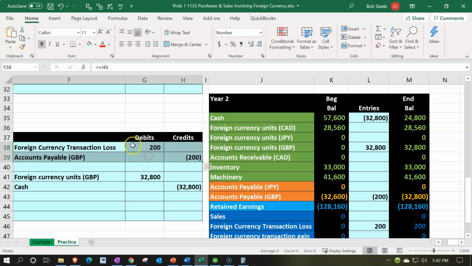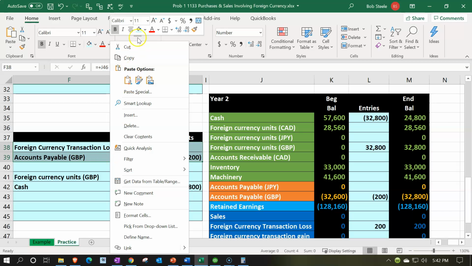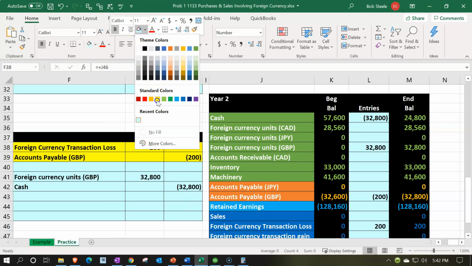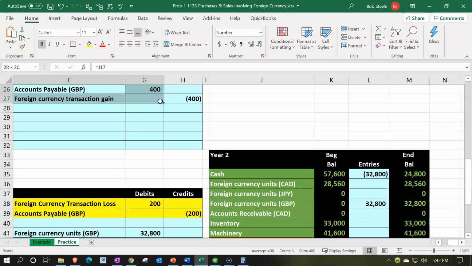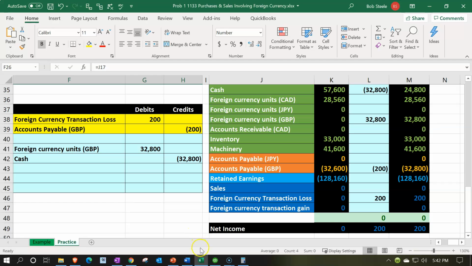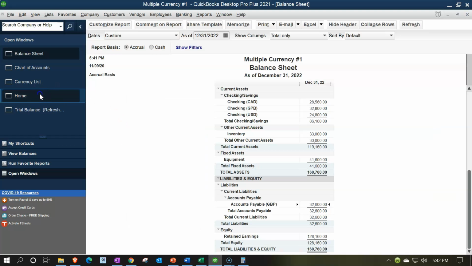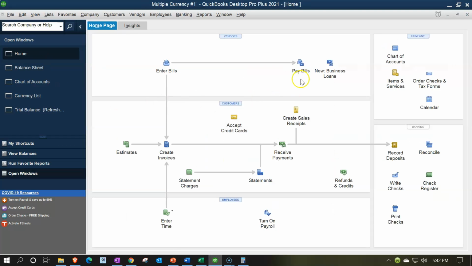I'll make it kind of like yellow right now, and we'll see how we can do it in QuickBooks without basically doing this step. This is kind of like the step that we did last time and reversed it. And we won't do that and reverse it because we did our adjusting entry here. And then we'll see how it pans out when the next step in our process, we pay the bill.